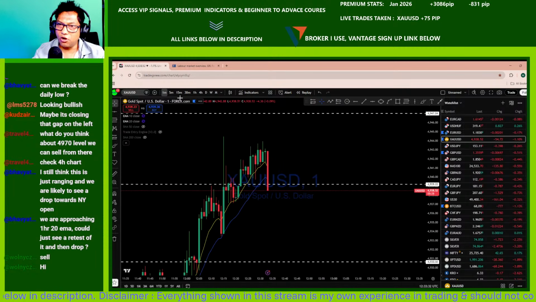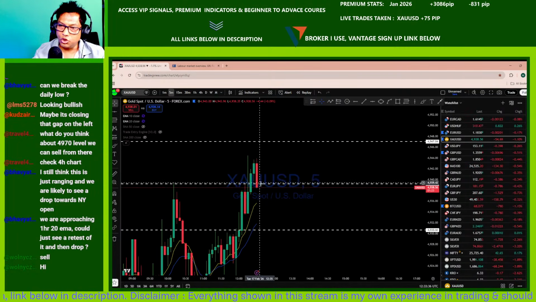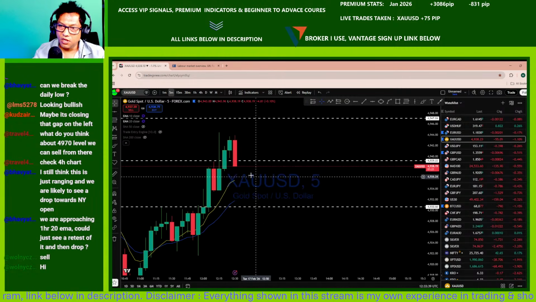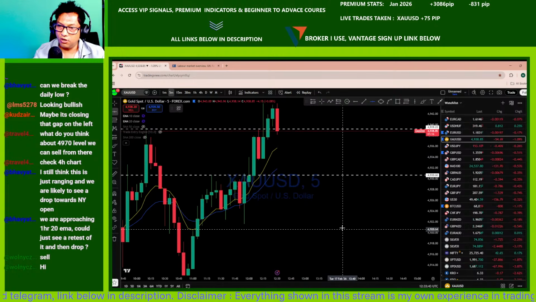We're getting some reaction of this key level, and this is what we are looking at for the market to eventually drop down further, even to drop back below to the support level, which is an important area of value.